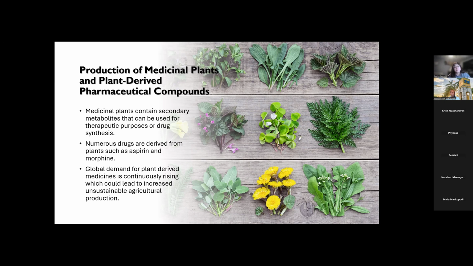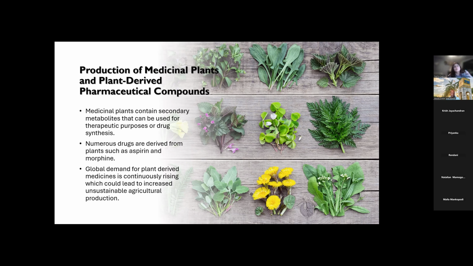The World Health Organization estimated that the global trade for medicinal plants is going to increase by $1 trillion by the year 2050. So an increase in demand for medicinal plant cultivation could lead to unsustainable production and unsustainable scaling up of this crop production as well.